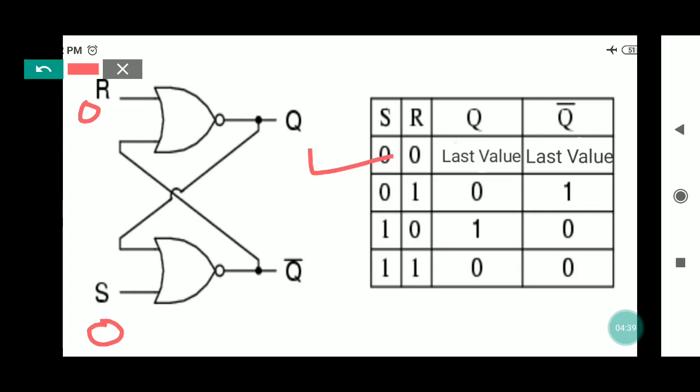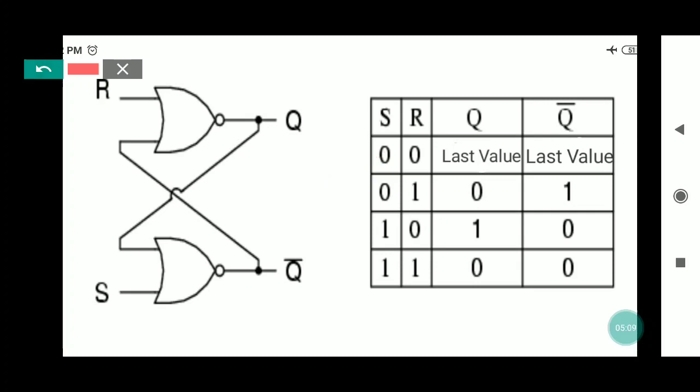This condition is also known as latch, and it holds the last value. As we took Q and Q bar 0, 1, it gave 0, 1, and if we took Q and Q bar 1 and 0, it gave the same value 1 and 0. Okay, so this condition is over. Under this condition, whatever value you consider at the output side, it will give the same value.